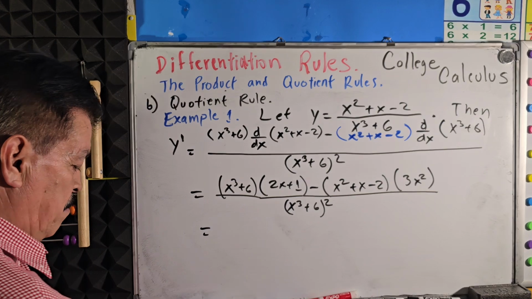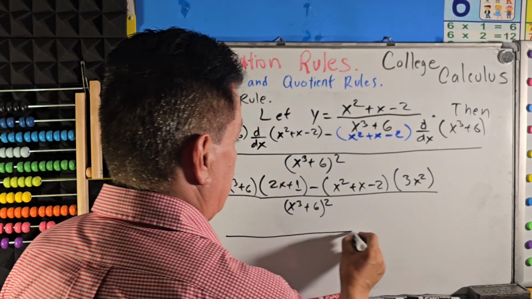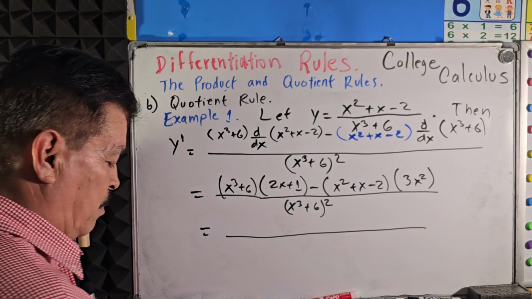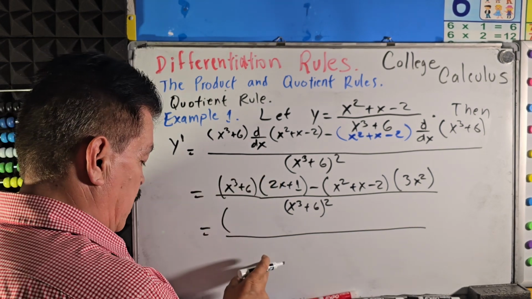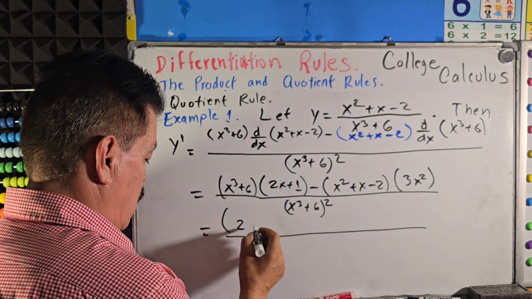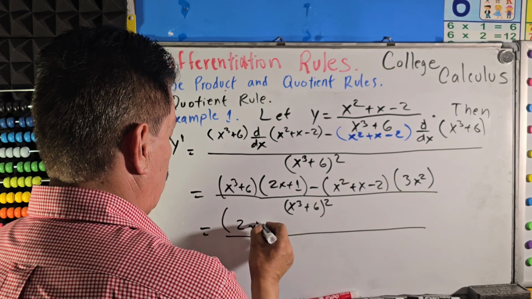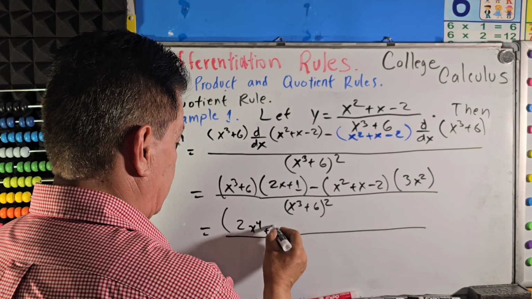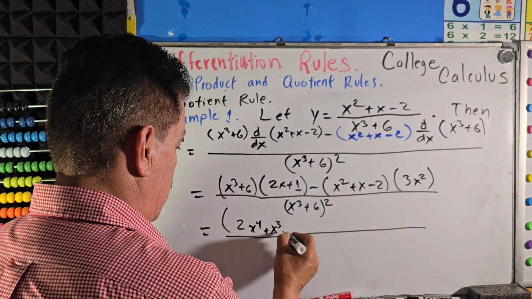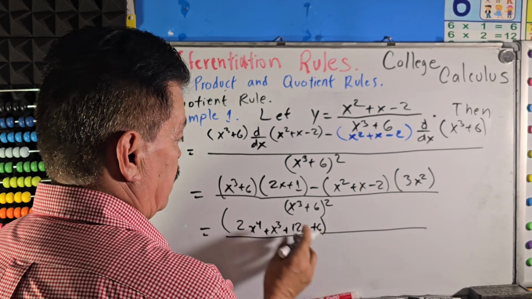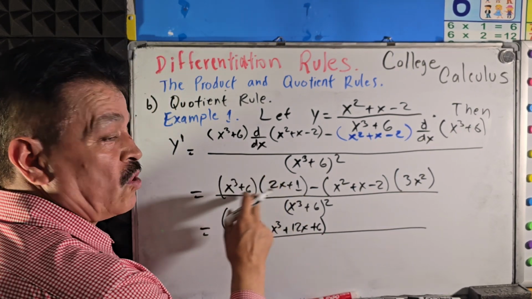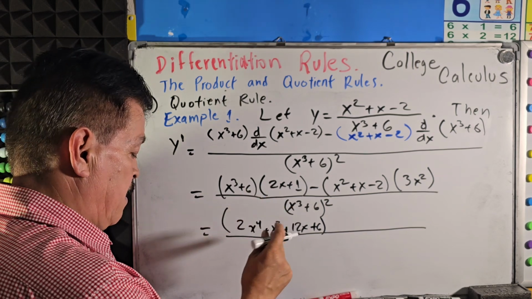Let's continue simplifying here in our problem. The first polynomial, if we multiply this, we will have 2x to the fourth power plus x to the third power plus 12x plus 6. It's a product of these two binomials. All right?